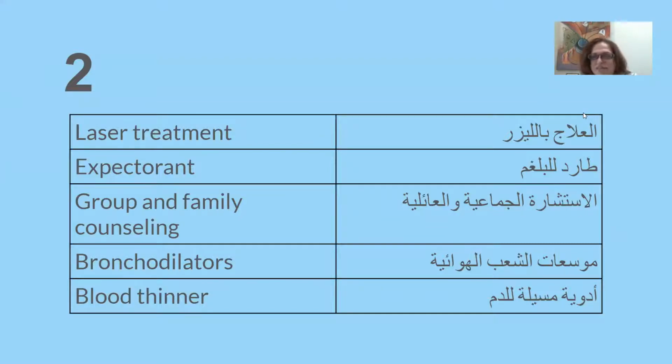The first one I said right. The second one, I didn't get it. The third one, I said استشارة جماعية والعائلة, but I hesitated. The fourth one, I didn't get it. The fifth one, I said it a little differently. I didn't say أدوية مسيلة الدم. I said مسيل الدم. That's correct, though.